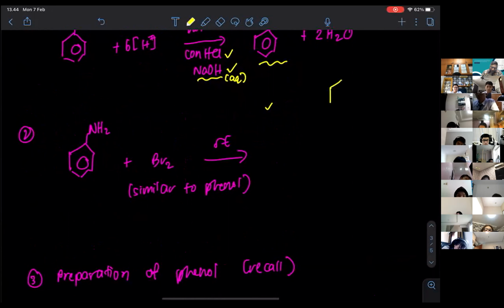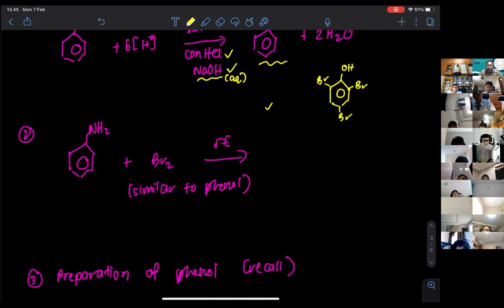Because OH is an electron donating group, at room temperature itself the Br will come over here, Br will come over here, Br will come over here. They will increase the electron density. Remember the term I used: phenol is like a hot girl everyone wants, and it can form the reaction without any catalyst, something like that. So the phenylamine will also function the same way.